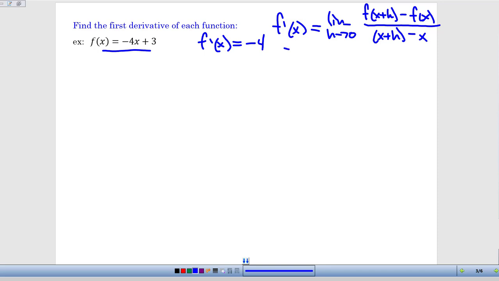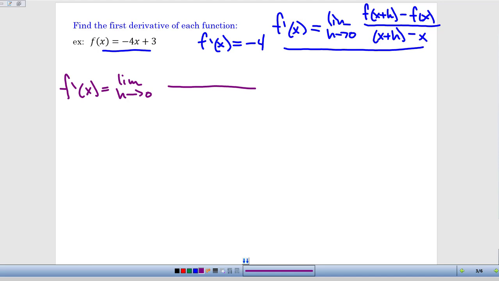So again, I'm going to take this statement right here, and now I'm just going to apply it to this specific function. So we're going to have our first derivative is equal to the limit as h approaches 0 of, now f of x plus h just means that I'm going to take my actual function formula here and replace x with x plus h, just like we did with the previous example in the previous video.